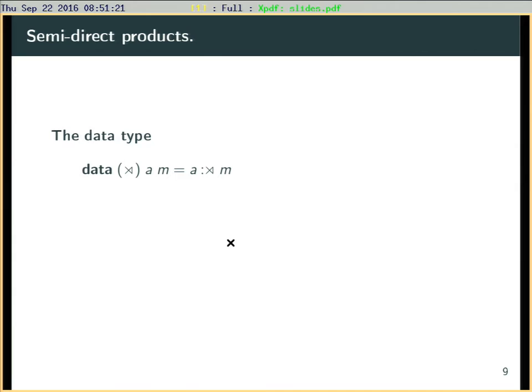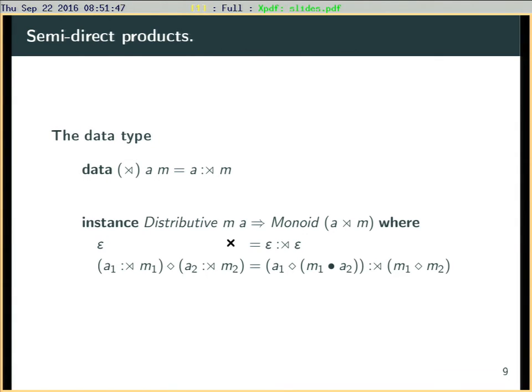So once we have the distributive action, we can build the semi-direct product, which is essentially what we saw already. This is the notation that is usually used in mathematics. As a semi-direct product, the elements are just tuples A and N. But the multiplication is as follows.